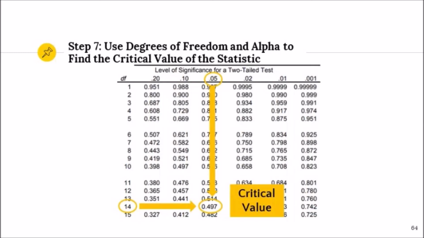To continue, we can see the degree of freedom is 14, and we can see that 0.05 over there at the topmost part, the value is 0.05. When they meet together, we can now state that the critical value is 0.497.